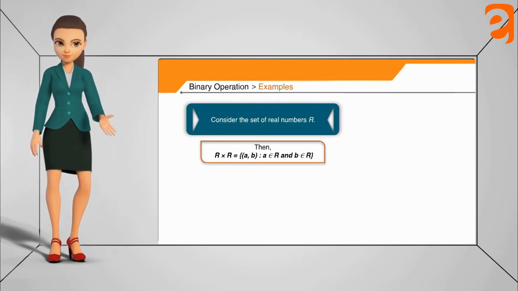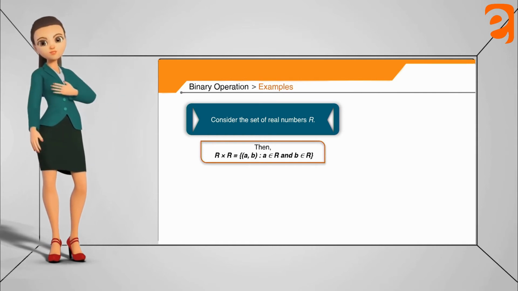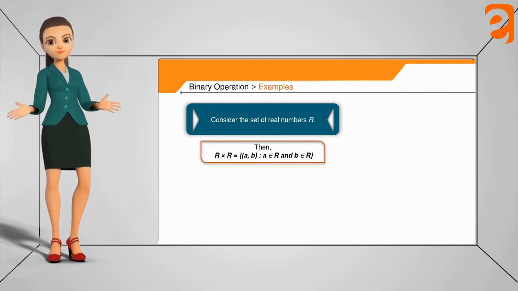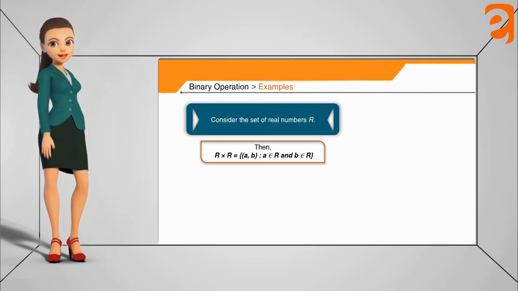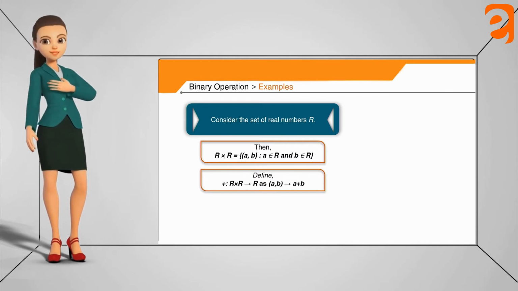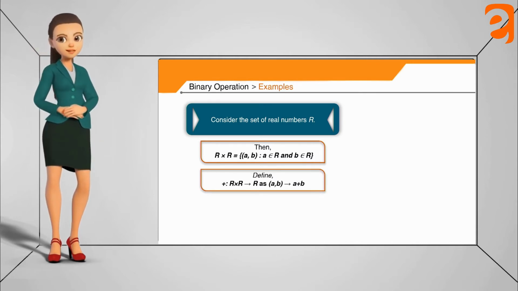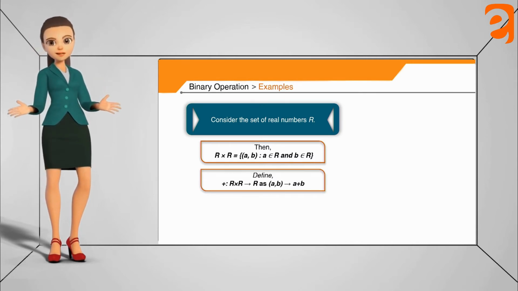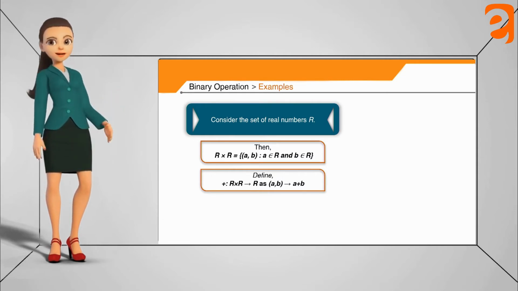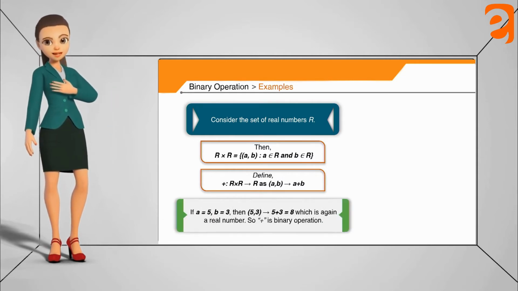Consider the set of real numbers and define R cross R as the ordered pairs (a, b), where the first element a belongs to the first set R and the second element b belongs to the second set R. Then we define addition so that the ordered pair (a, b) maps to a plus b. Now we will show whether this is a binary operation or not.